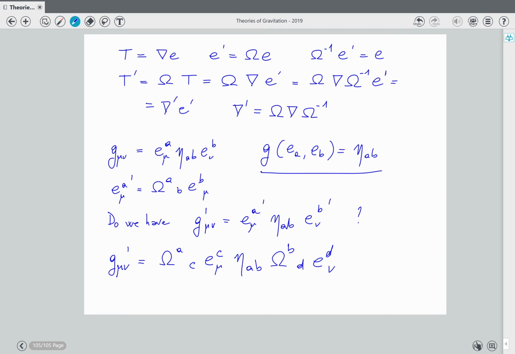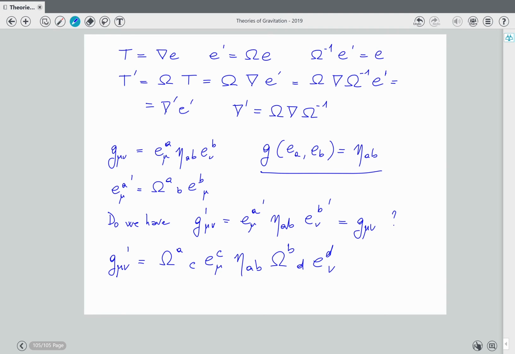Now, yes, so the question is, since we are just changing the basis, and the basis is the basis of the tangent space, so the flat space indices, it shouldn't concern the space-time indices, and the metric shouldn't know. Is it true that the metric is invariant?